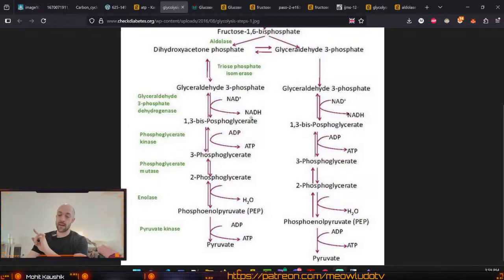This is an energy gaining reaction. NAD is called a cofactor. We're just going to completely ignore this. It's not important now, but it is important later on. We'll actually come back to this. Then the next one chops off a phosphate. When it does this, we get one ATP back. We've got an ATP on either side.